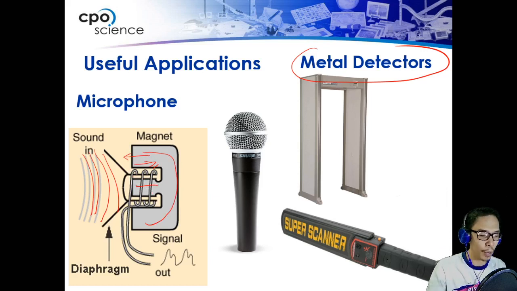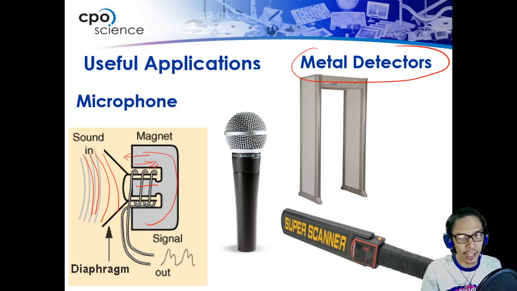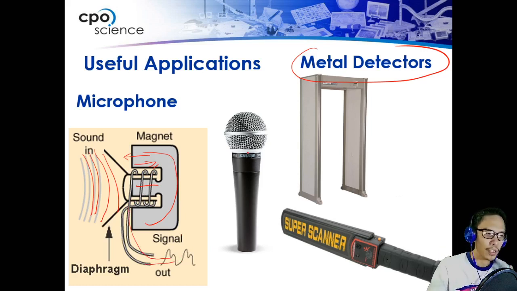As you remember, a changing magnetic field, a moving magnet or moving coil in a magnetic field, creates electricity. So once this coil starts to move up and down, it creates electricity that goes out to your amplifier or speaker. That is why you can hear my voice right now, because of this microphone that I have right here. So a simple thing like this uses electromagnetic induction.